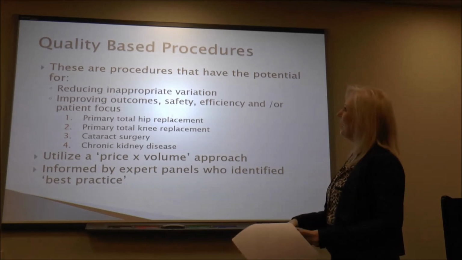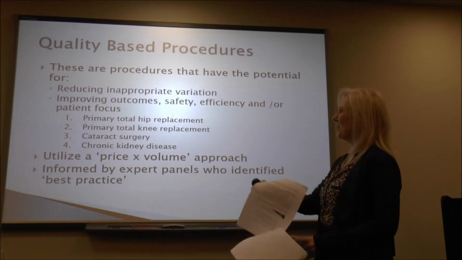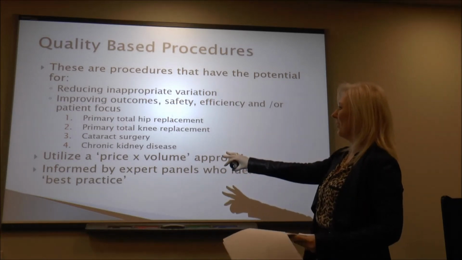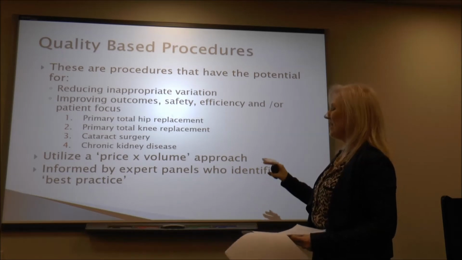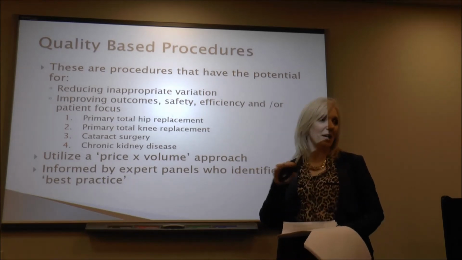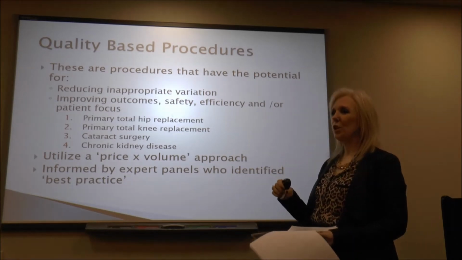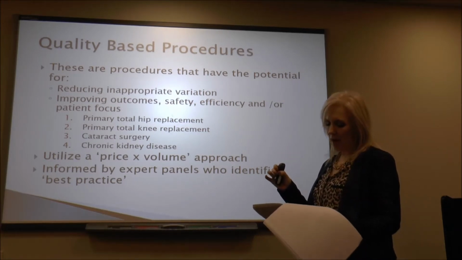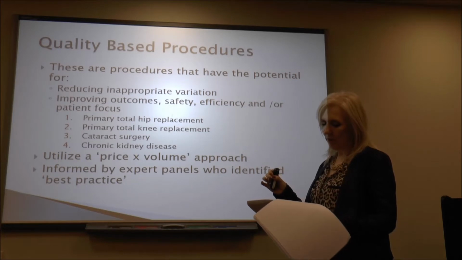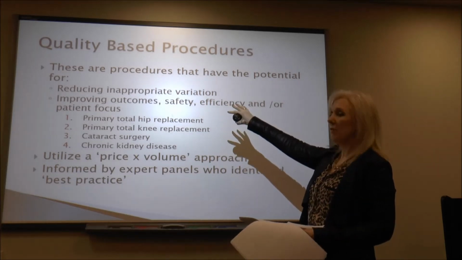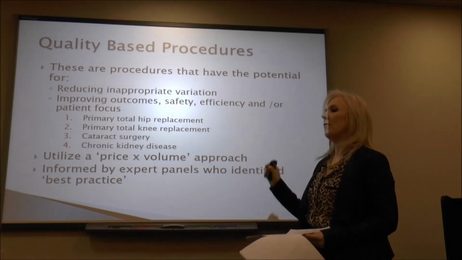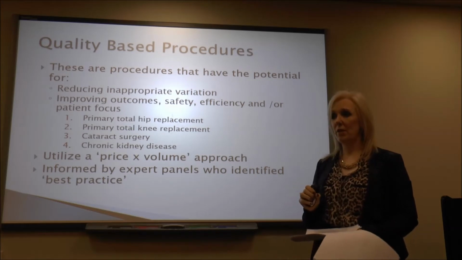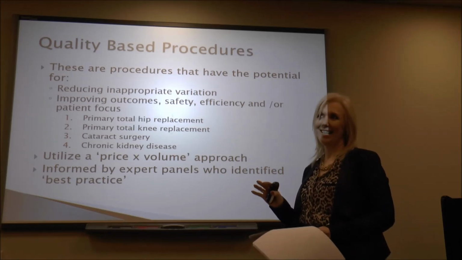So just looking at the quality-based procedures, we talked about the 4. And these are procedures that, based on expert panels, they've determined would allow them to reduce the variation in practices. For instance, a total hip in Ontario could cost $3,696.